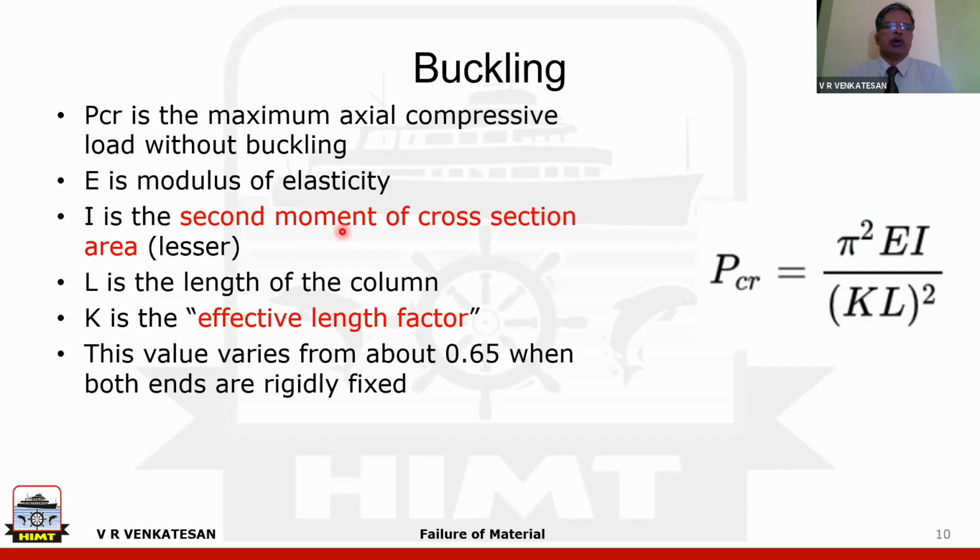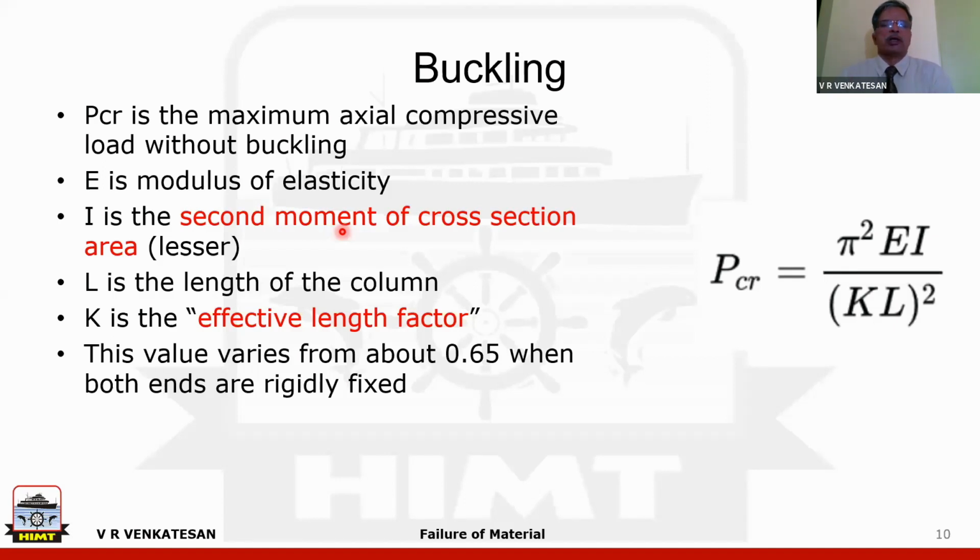So if both ends of the column are rigidly fixed, they cannot move sideways, they cannot rotate, then the number taken for this is around 0.65. Theoretical value is around 0.5, but practically it is normally taken as around 0.65.